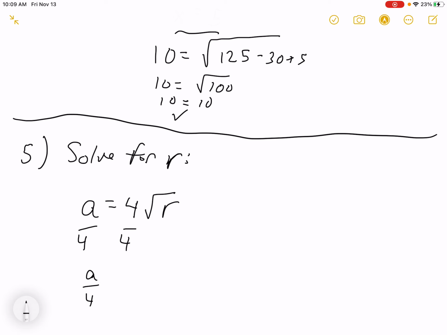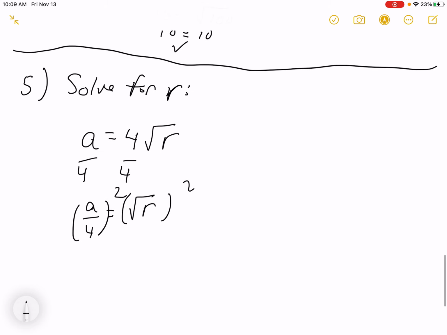So a over 4 is equal to the square root of r. Now we want r, not square root of r, so to eliminate that square root, I'm going to square each side. So I'm going to have a squared over 16. I'm going to square the numerator, square the denominator, is equal to r, and then just flip it to make it begin with r equals.